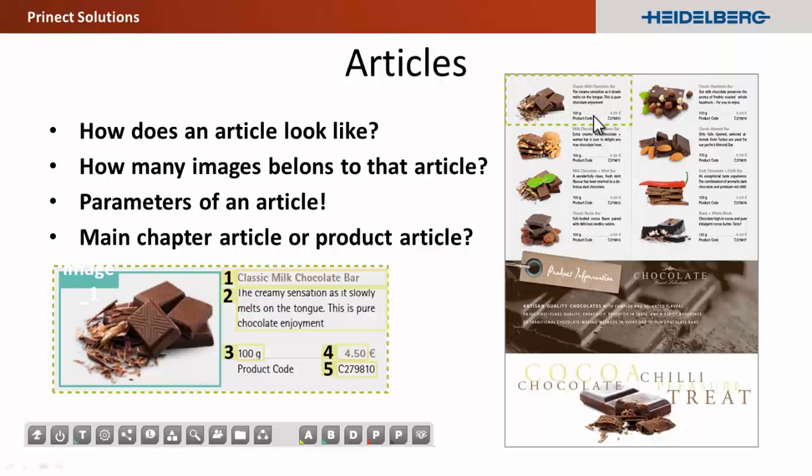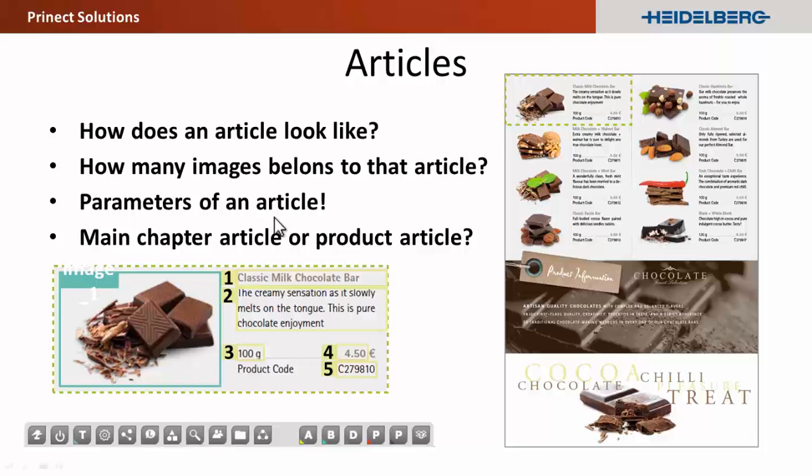So what is an article, or how does an article look? This question we have to answer for every product or every project. Because in the initial part of a project, we will have a look, once again, at how an article looks. How many images belong to that article? Is it maybe 1, 2, 3 images?